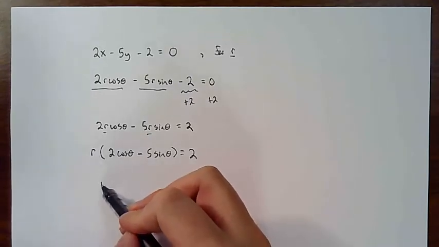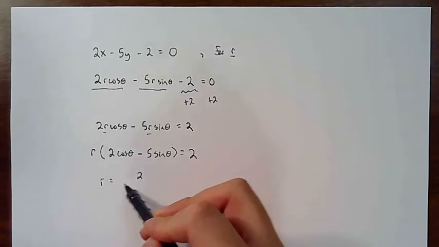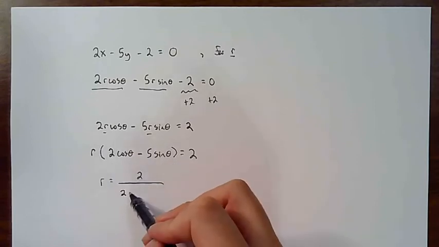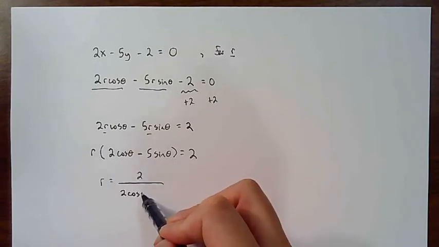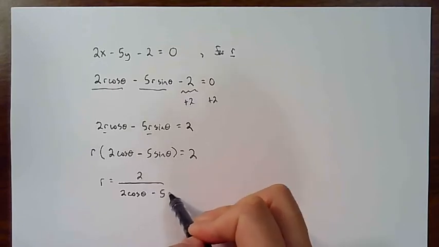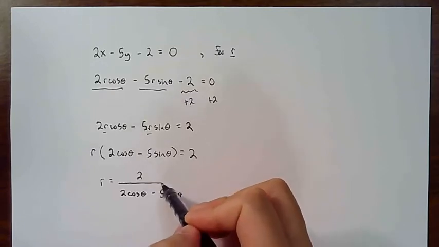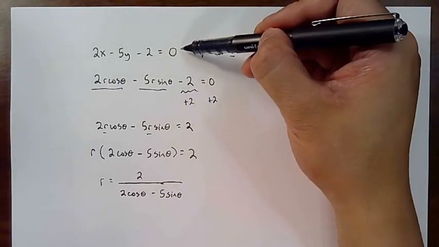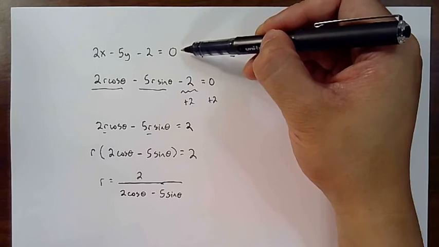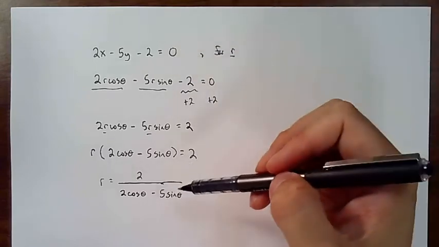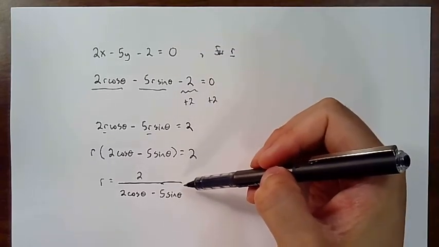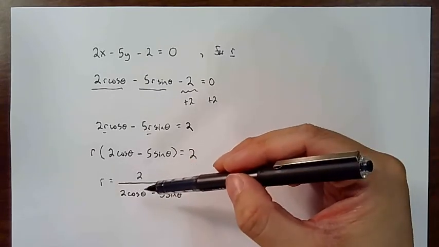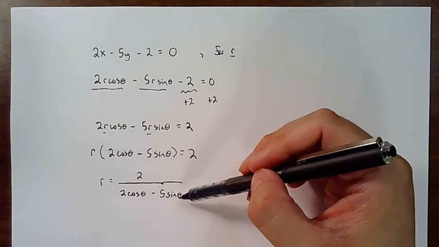Finally, to solve for r, we divide by the term here. So we'll have 2 over 2 cos theta minus 5 sine theta. So our original rectangular form is this, 2x minus 5y minus 2 equals 0. And then our final form is polar, solved for r. r equals 2 divided by 2 cos theta minus 5 sine theta.